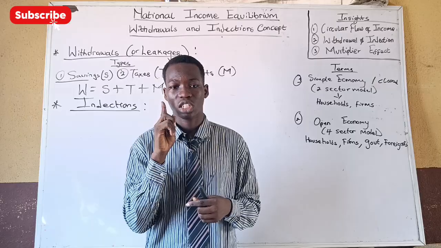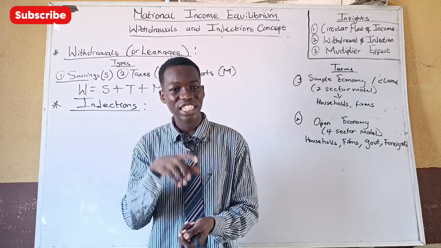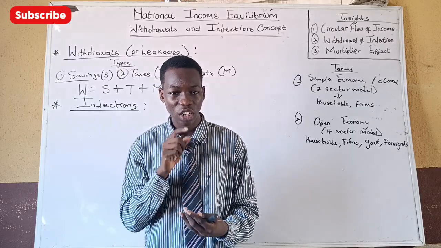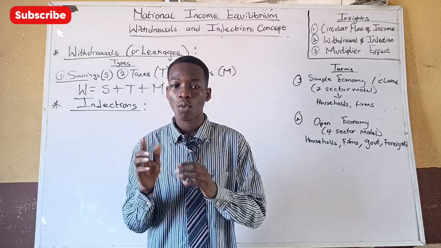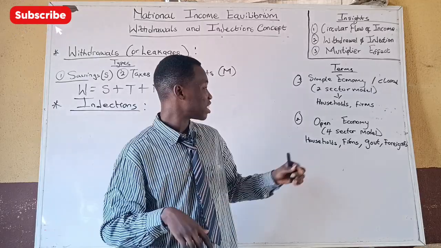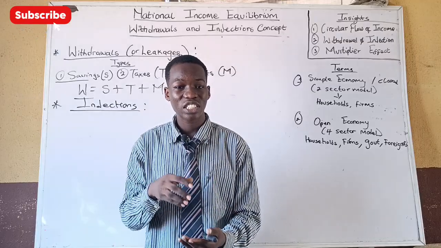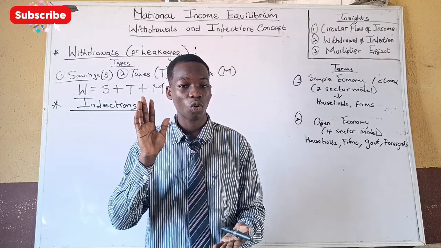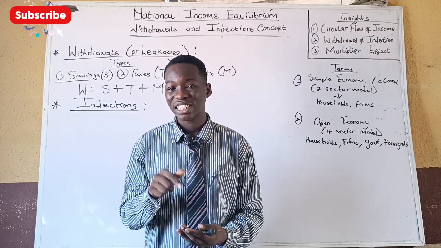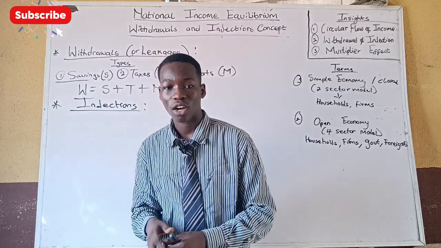Now, one thing you should note about this injection is that the money injected inside the circular flow of income is not originated from household consumption. That is, it is not from the goods and services they purchase or the money they spend on goods and services that injects money into the circular flow of income.